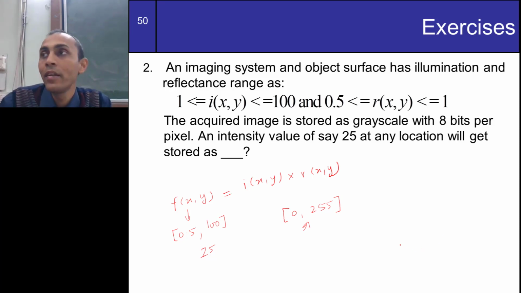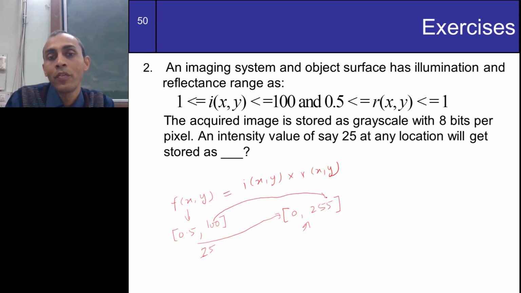You need to have a linear mapping from this range to this range. So 0.5 has to map to 0, and 100 should get mapped to 255, and intermediate values should get mapped to intermediate levels between 0 and 255.